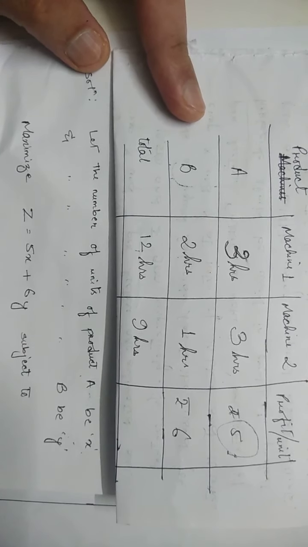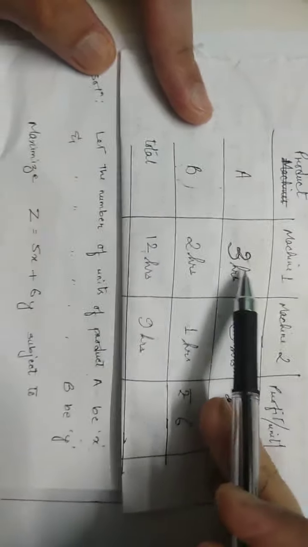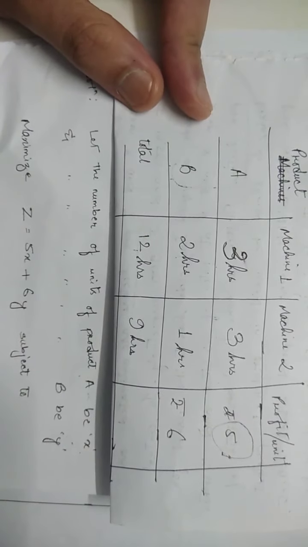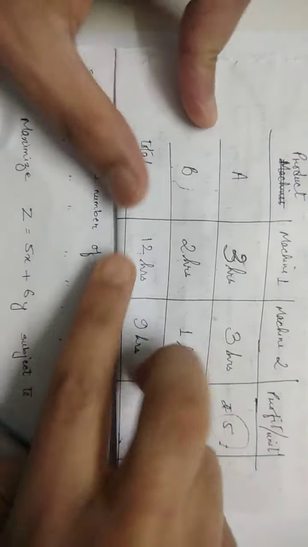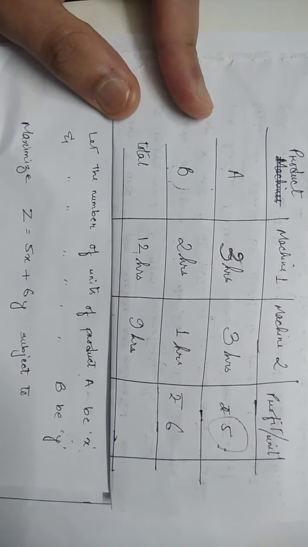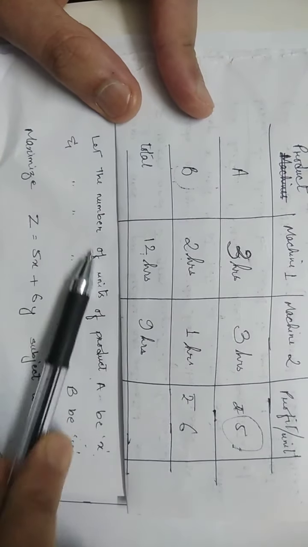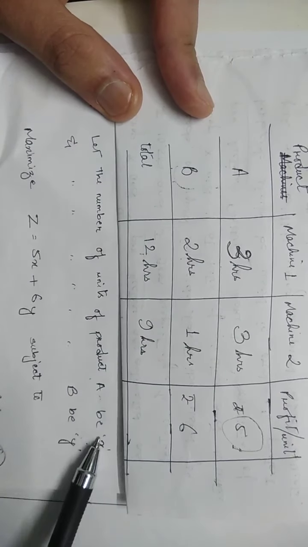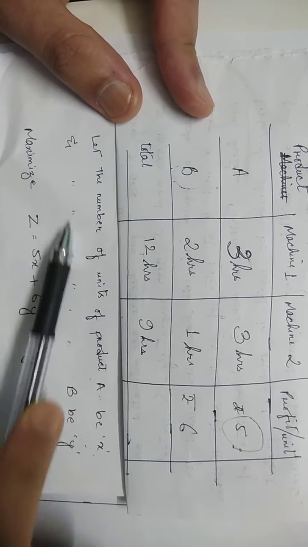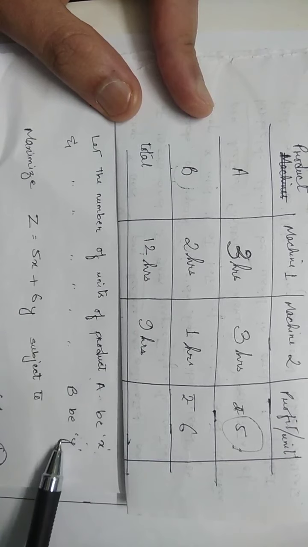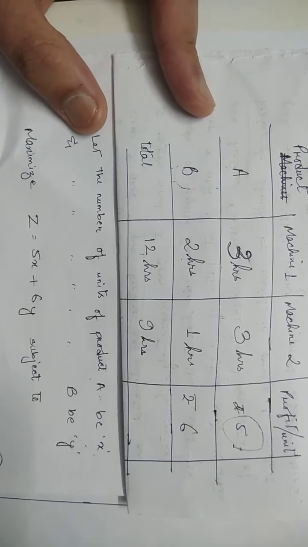Now looking at the table, I will produce some units of product A and some units of product B. So let the number of units of product A produced be x units, and the number of units of product B produced be y units. According to the question, I have to maximize the profit.